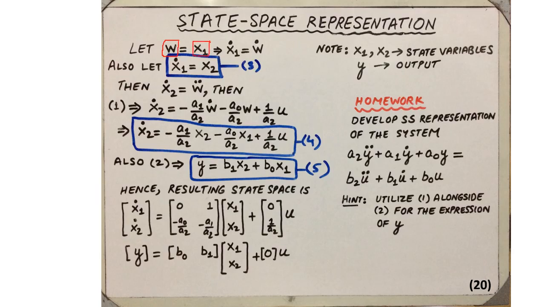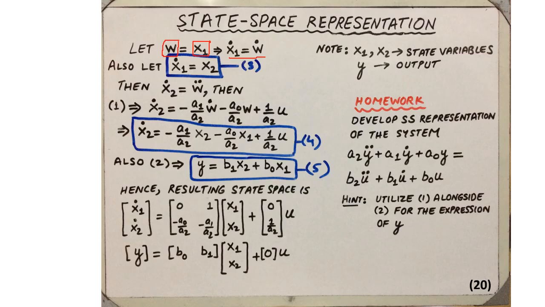So our state variables are again x1 and x2 as before, and hence the derivative of w equals the derivative of x1. Now we wish to express the derivative of x1 in the form of the linear sum of the state variables, which are x2 and the input variable, that is u.